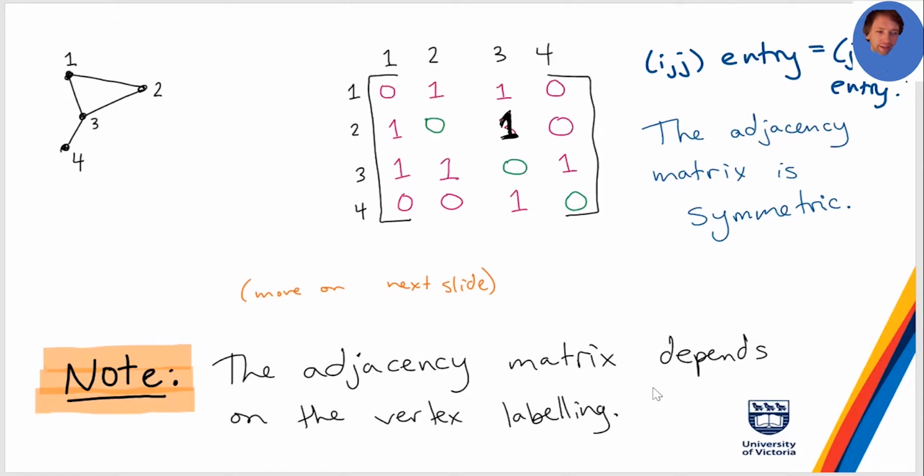Now here's just a small thing: it's wrong to say that the adjacency matrix of a graph is unique, because it depends on how you label the vertices. Here I'm dealing with graphs with vertex set 1 up to n, and then it's pretty clear how I should organize the vertices. But for a general graph, the matrix depends on how I choose to order the vertices.